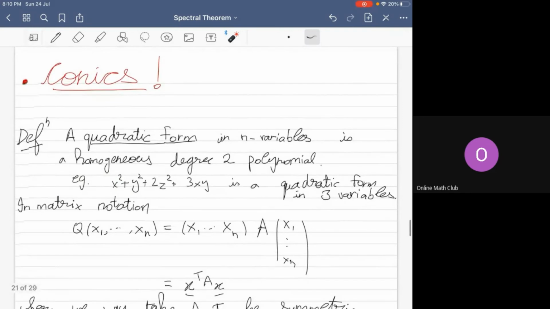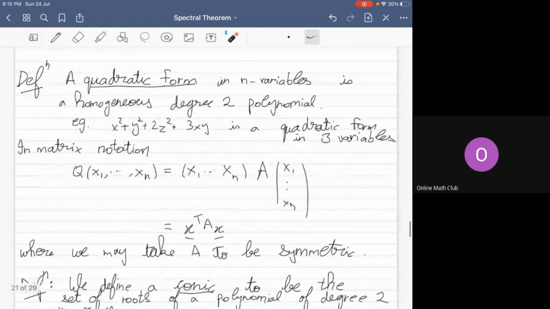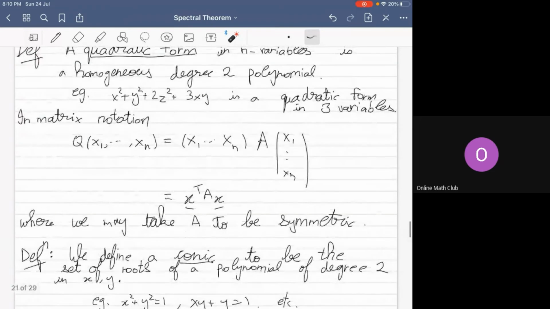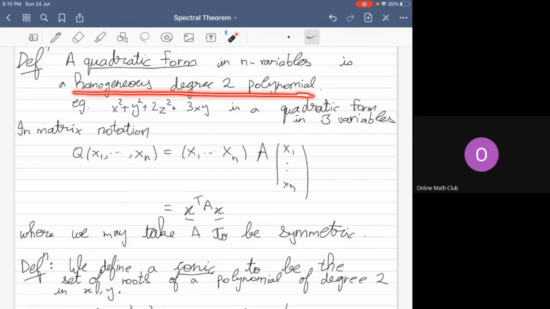So finally, let's come to conics. So first we'll just define some definitions for convenience. So a quadratic form in n variables is just a homogeneous degree 2 polynomial.